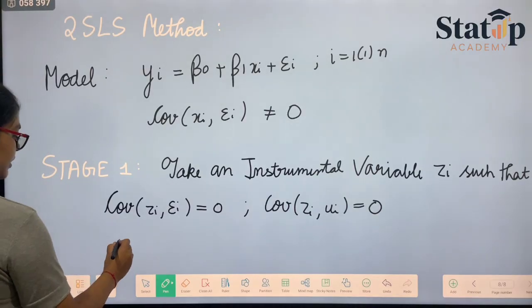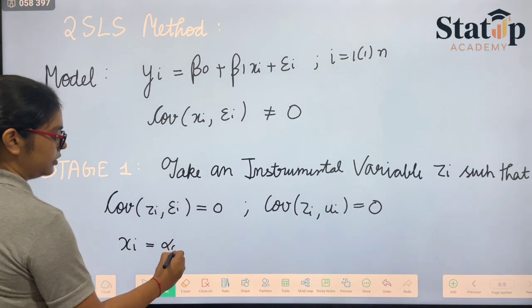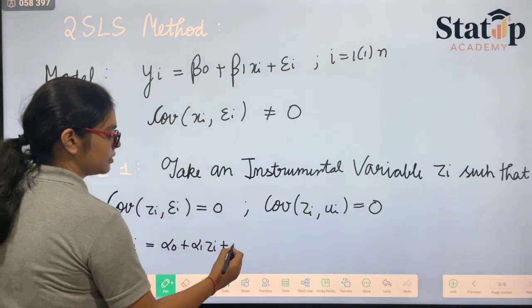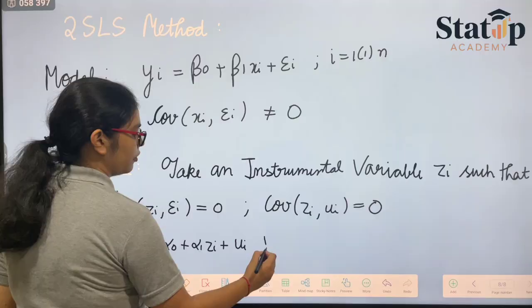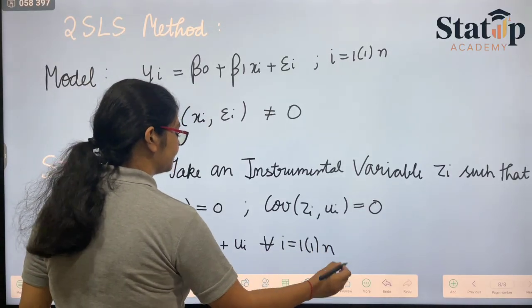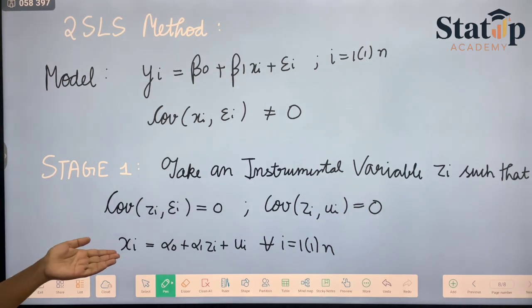So let us consider xi equals α0 plus α1 zi plus ui for all i goes from 1 to n. This will be our xi.